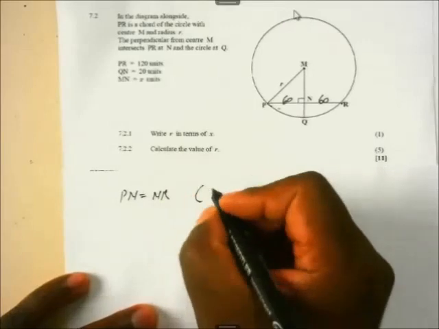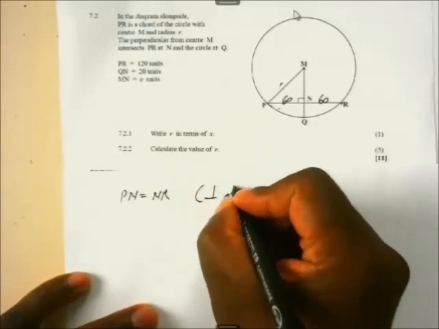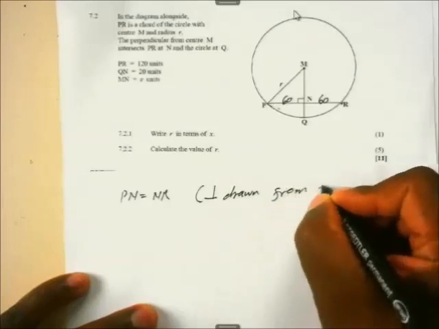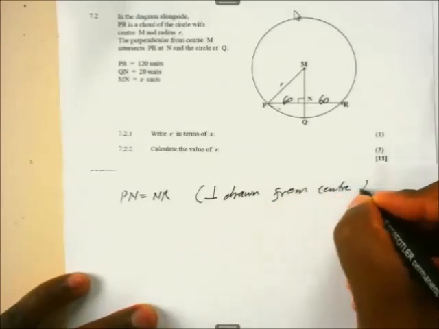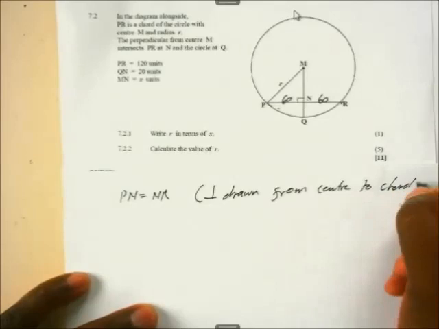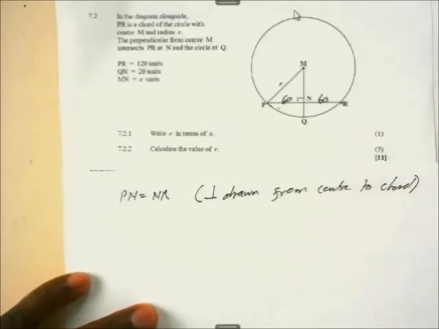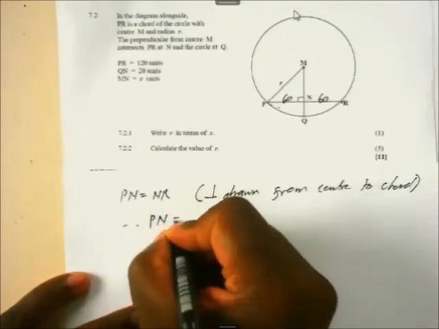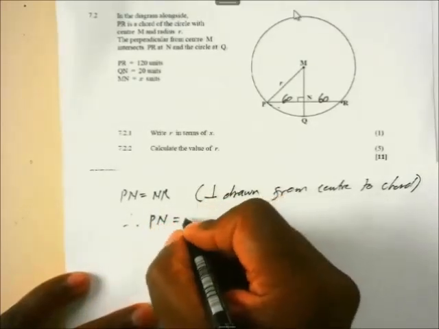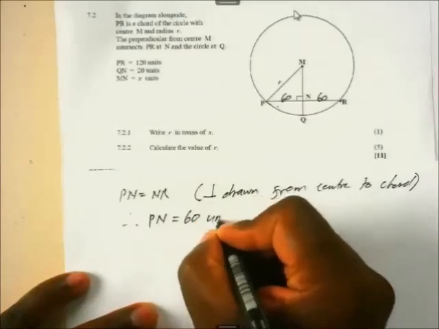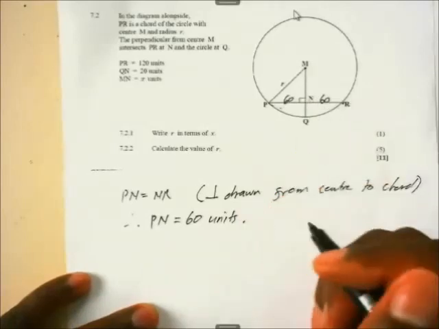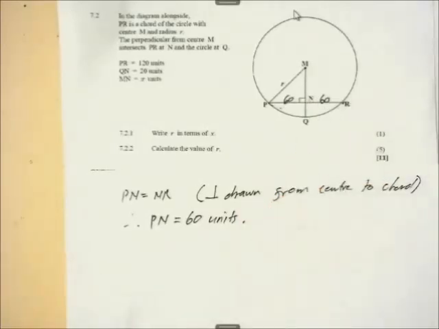The reason: perpendicular drawn from center to chord bisects the chord. Therefore PN is equal to 60 units. PN is 60, NR is 60. We're just indicating the given information on the diagram.